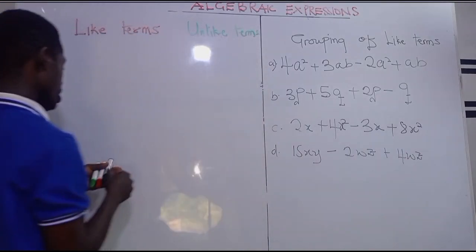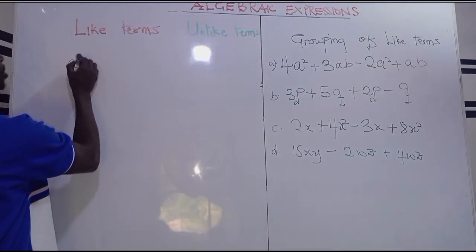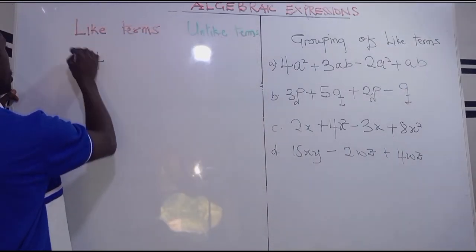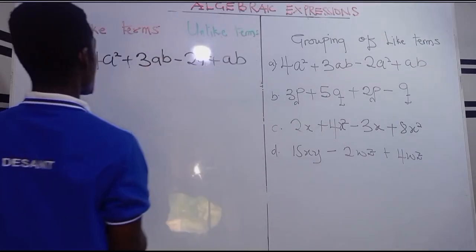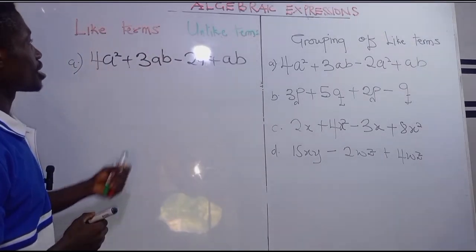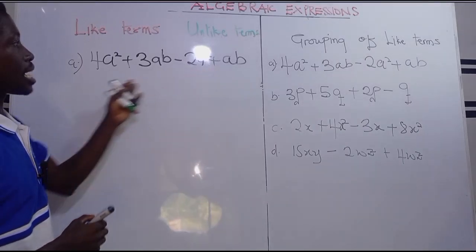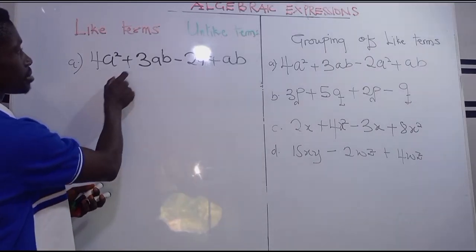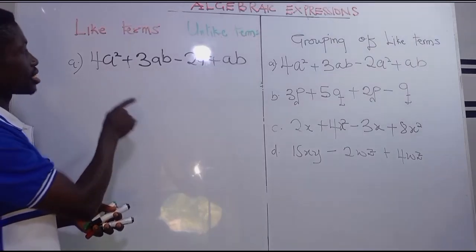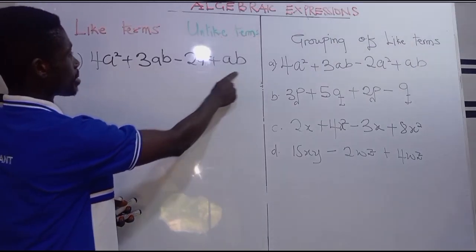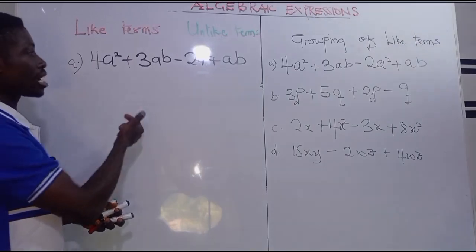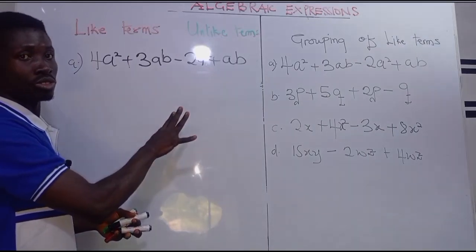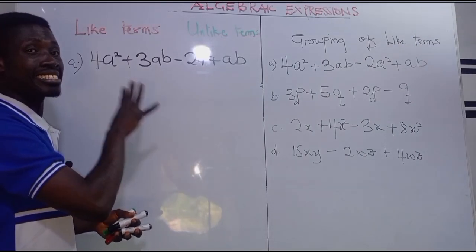In grouping these terms into like and unlike terms, we said that like terms are terms that contain the same variable factors. So we are going to go through these terms one after the other and look at those with the same variables. The variables must be the same.